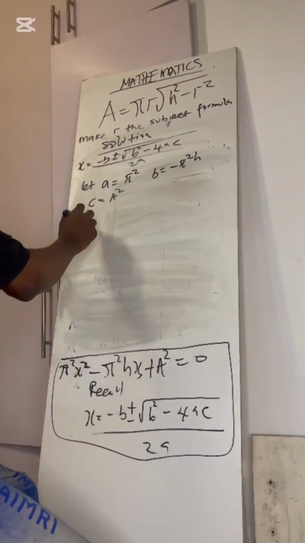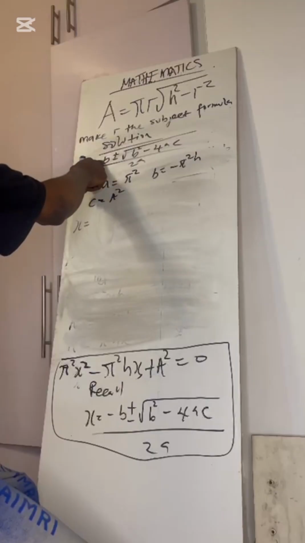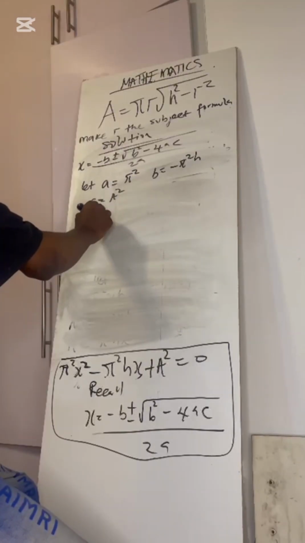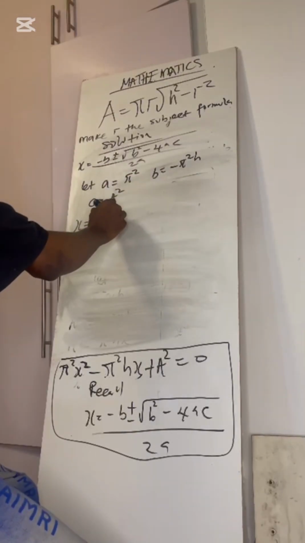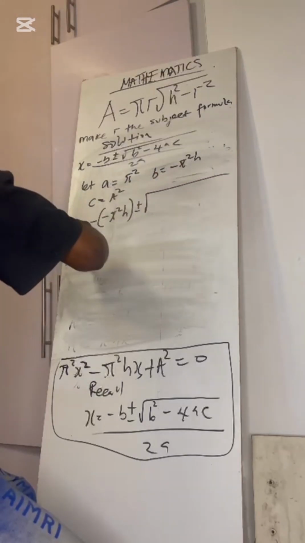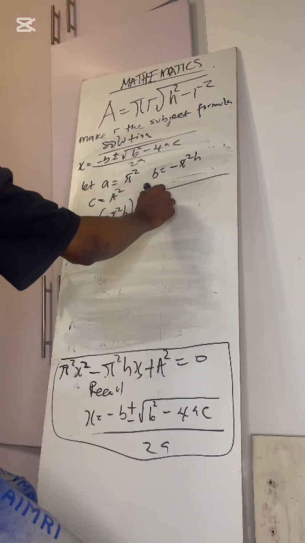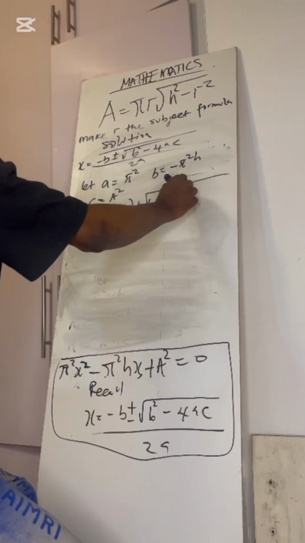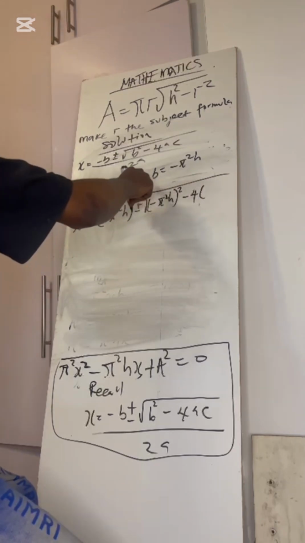I can have x is equal to minus b, which is minus in brackets minus pi square h, plus or minus root b square, which is minus pi square h all squared, minus 4a.